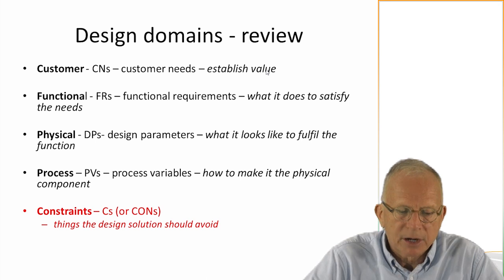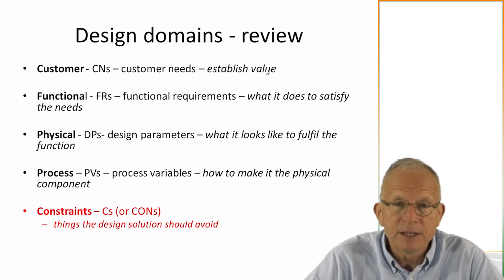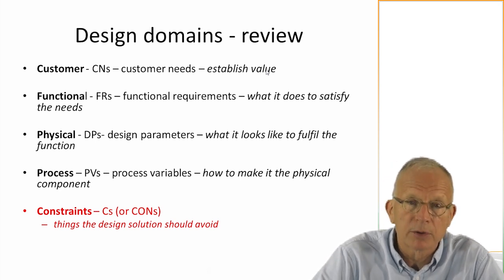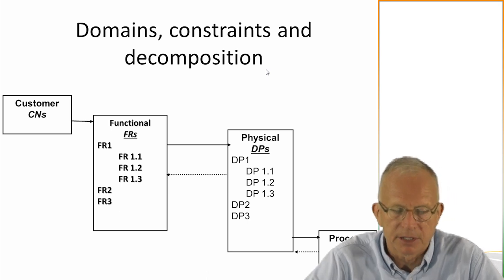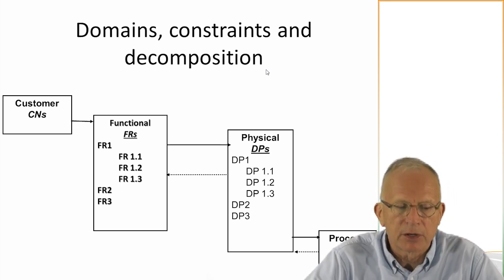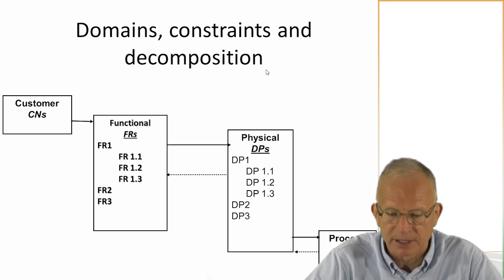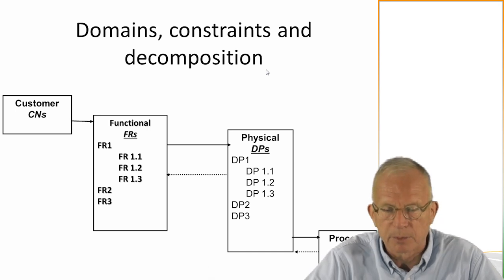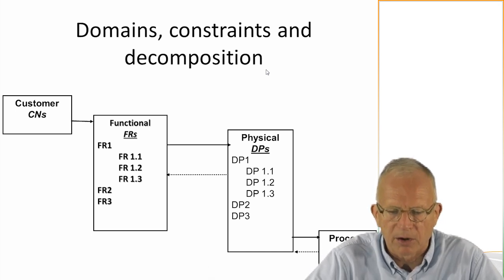Now the constraints are a little bit different, and we're going to describe what's different about those. These are things that the design should avoid. So we're going to see what those are and where they come from and how to deal with them. So here's how the domains are laid out. The customer domain leads into the functional, into the physical, and the process, in a kind of hierarchy like that.